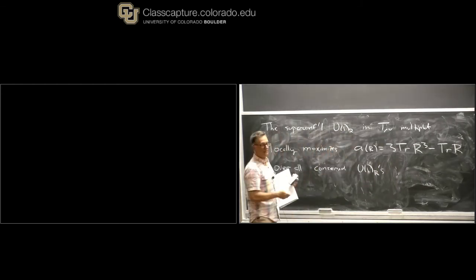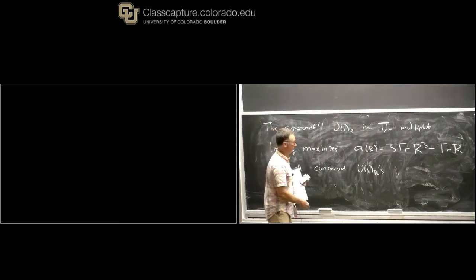So if there are many different possible conserved U1Rs, the correct one is the one that locally maximizes this function.